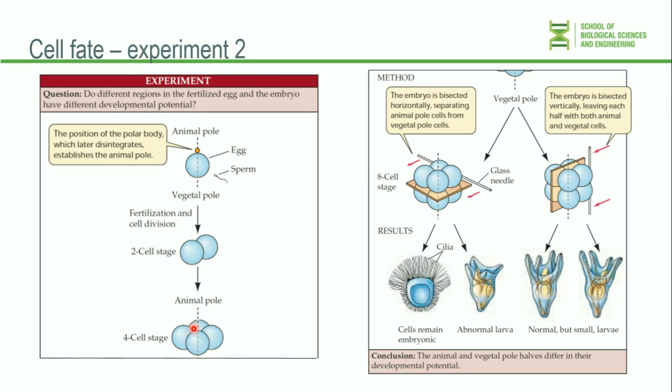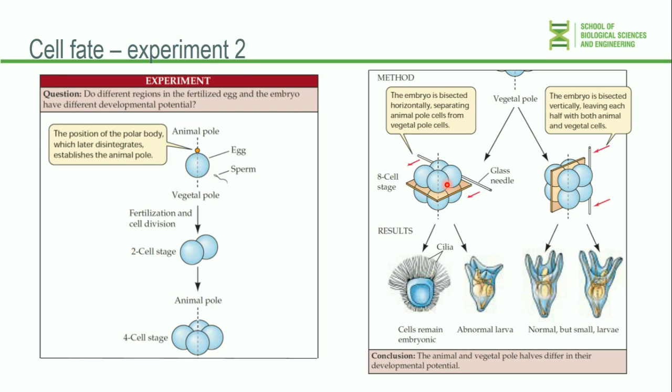Then it will continue to divide, produce a four-cell stage, which continues to divide, and we get an 8-cell stage. Now at this point we have 8 cells, and we could ask ourselves, did the polarity of the cell already set up a polarity of this very early embryo?